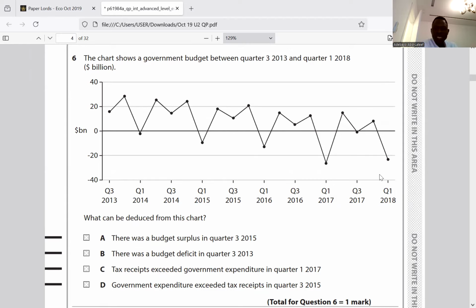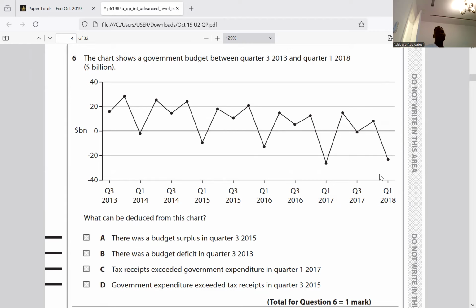Tax receipts exceeded government expenditure in quarter 1 of 2017. Why is it not the answer? Tax receipts exceeded government expenditure. What does that mean? It means there's a surplus.